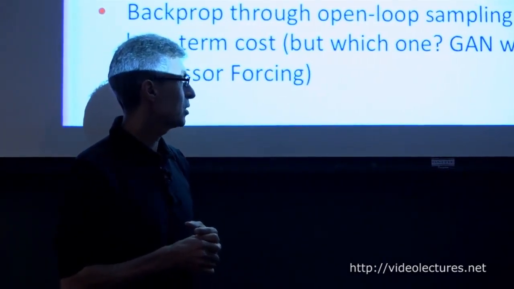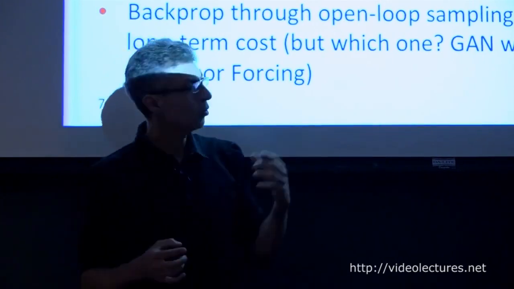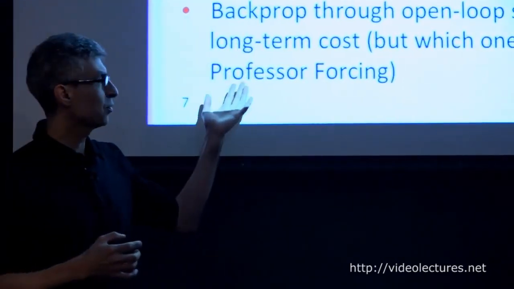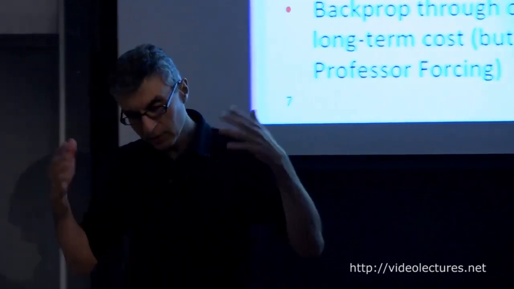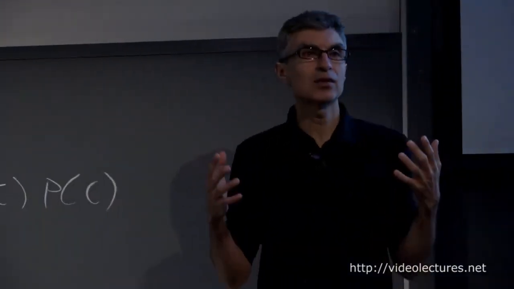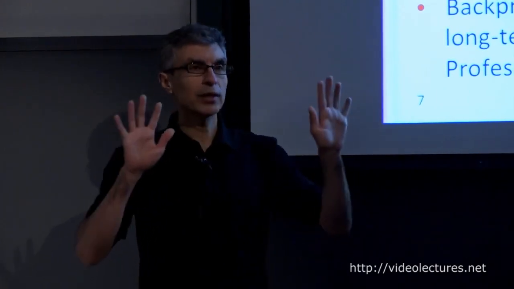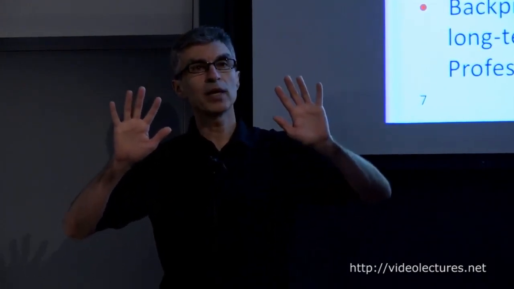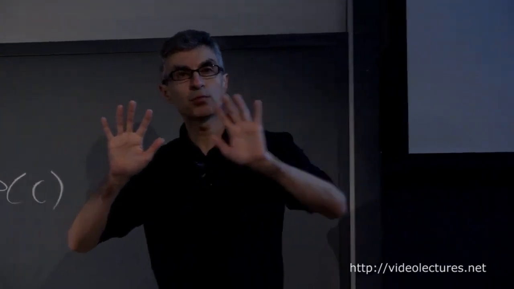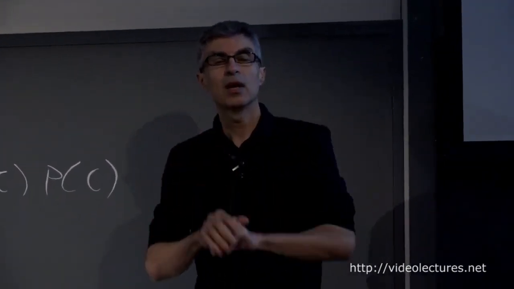We had a paper last year called Professor Forcing, and there are now several ideas floating of that nature, where you try to look at the two dynamics and make sure that one is pushed towards looking like the other. But I think it's still pretty much an open problem how to solve this properly.